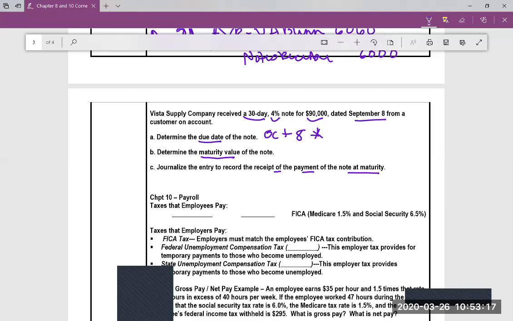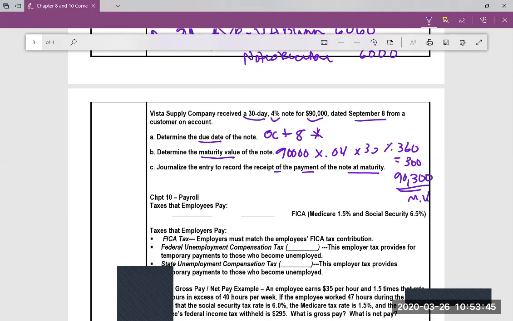The maturity value of the note. In your calculator, you're going to want to do 90,000 times 0.04 times 30 divided by 360, and that's going to get you the interest. The interest here is 300. So the maturity value is 90,300. That is your maturity value.